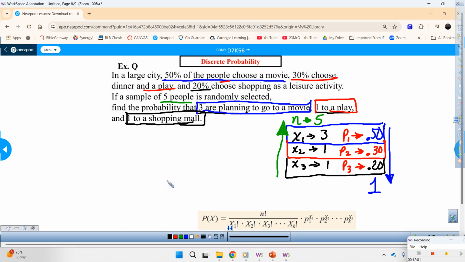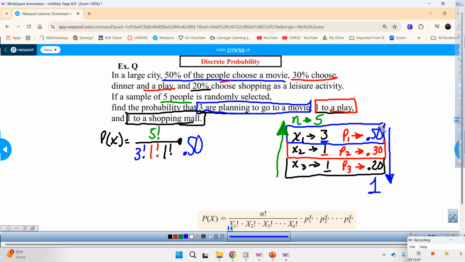Okay. So, start with our formula. P of X equals N factorial, which is 5 factorial, over X sub 1 times X sub 2 times X sub 3. So X sub 1 is, I'm going to do that in blue, 3 factorial, which is this one, times, the next one is 1 factorial, and the third one is 1 factorial, times its corresponding P. P sub 1 is what? 0.50.